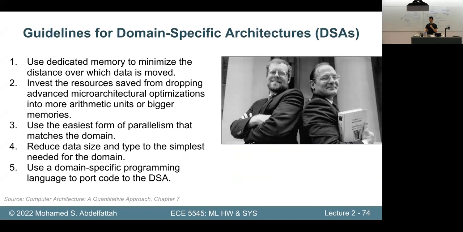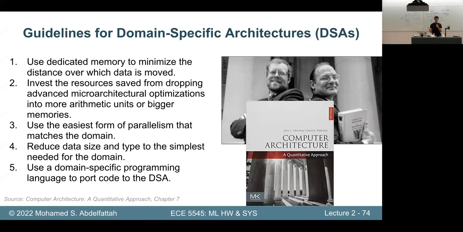A quick note is that I posted this book. It's an optional reading, but I highly recommend going through it. These guys, the first reading was from them as well, but then they wrote a whole book chapter to add to their canonical book on computer architecture, which hopefully most of you already went through before. But they added this chapter 7, which is a really nice systematic walkthrough of what it means to move towards those domain-specific architectures, with examples of the TPU, which they designed, and other examples as well.